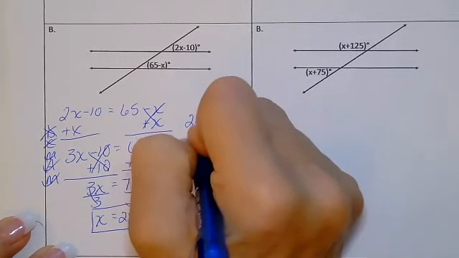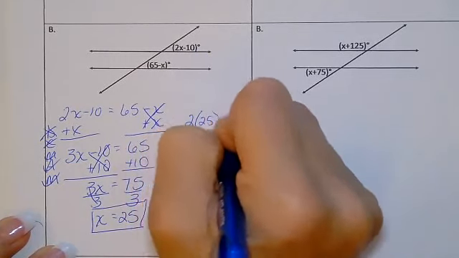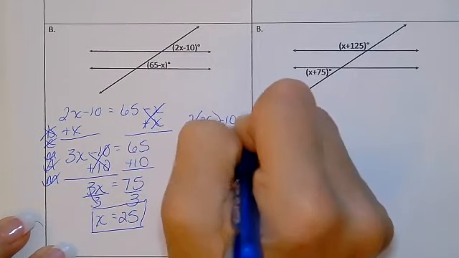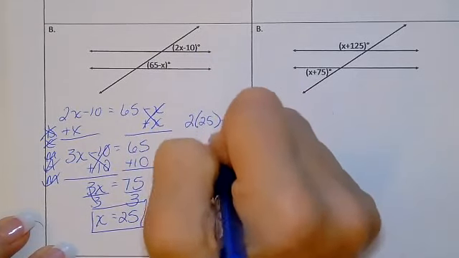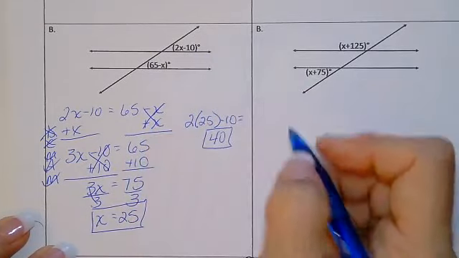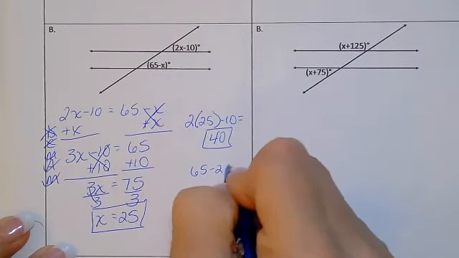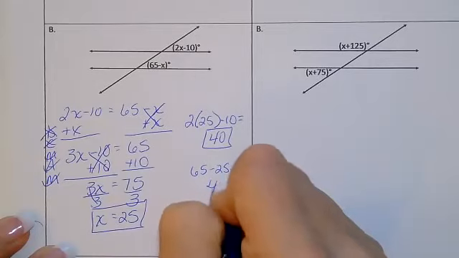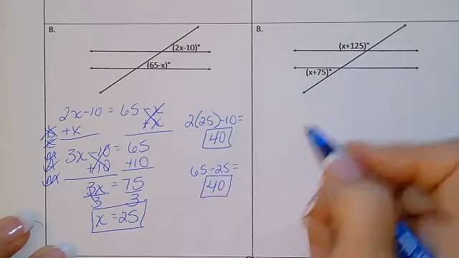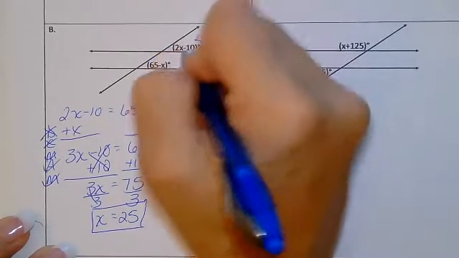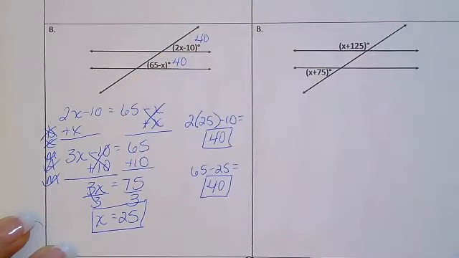So 2 times 25 minus 10 equals 40. Okay, let's do the other one. 65 minus 25 equals 40. Okay, that works. Both of these acute angles are 40 degrees.